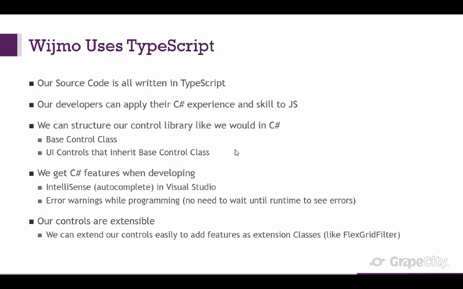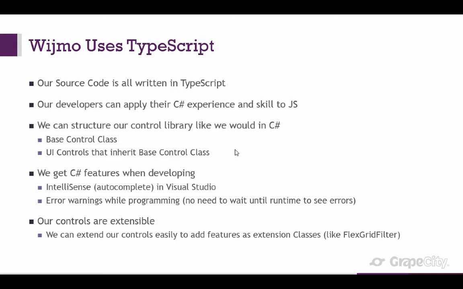So how do we use it? We use TypeScript for all of our source code, and it is all of it. So the Wijmo 5 project that you saw, all the scripting in there is all done in TypeScript.